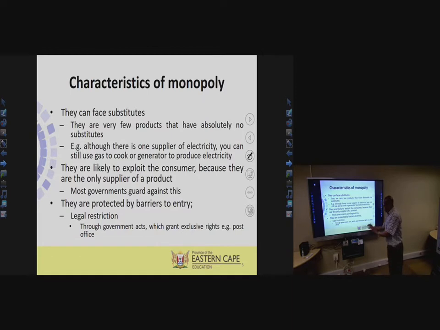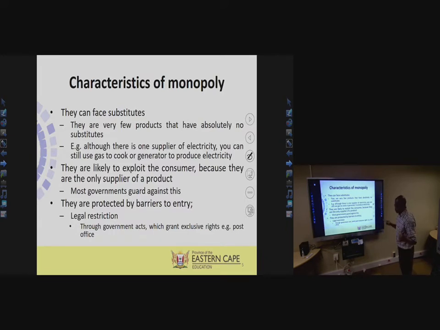They are protected by barriers to entry. Government must make sure that this particular supplier of this particular good survives, because there are many reasons. For instance, can you imagine that if ESCOM is not protected by the state, how much capital will be lost?